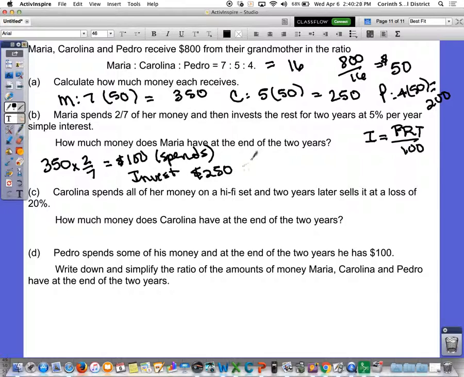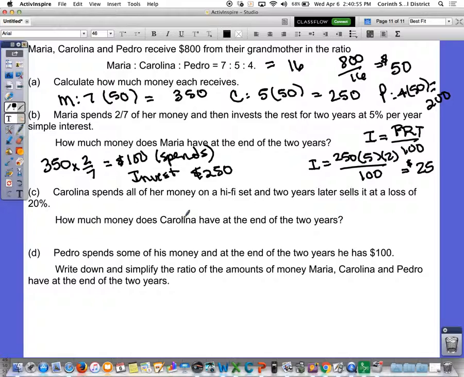So to find the interest, we know she invests $250 at a rate of 5%, 2 years, over 100. So please use your fraction key for this. 250 times 5 times 2 divided by 100 means that she has earned $25 in interest.